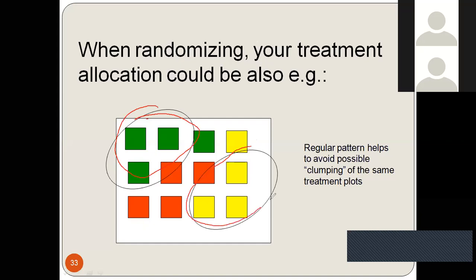This area is only with one treatment. That's a problem, isn't it? So this is not randomization. This design is also not a good design because the randomization has not been done according to the randomizing principle.